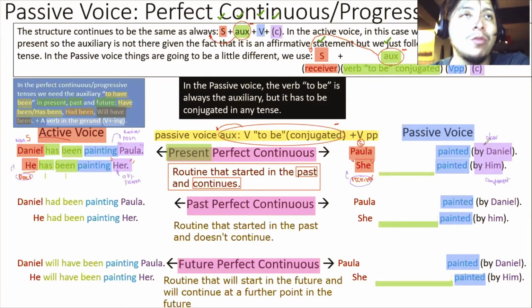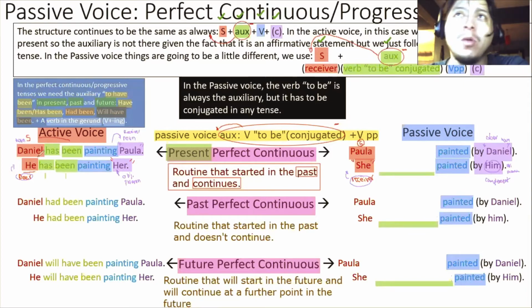And if we want to replace the word Daniel, if we don't want to use his name, if we want to replace this noun with a pronoun, we are going to use an object pronoun. So again, they switched. Paula was the object and we use an object pronoun in the active voice. Now Paula is the subject and we use a personal pronoun in the passive voice, and the other way around.